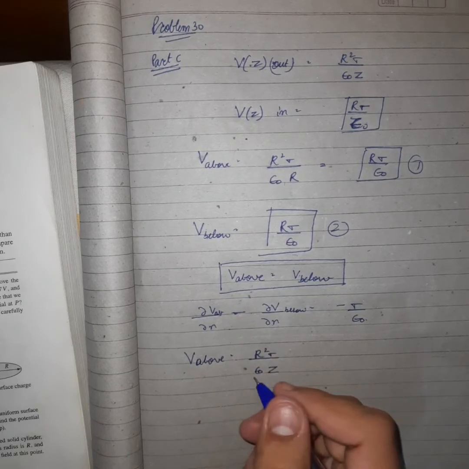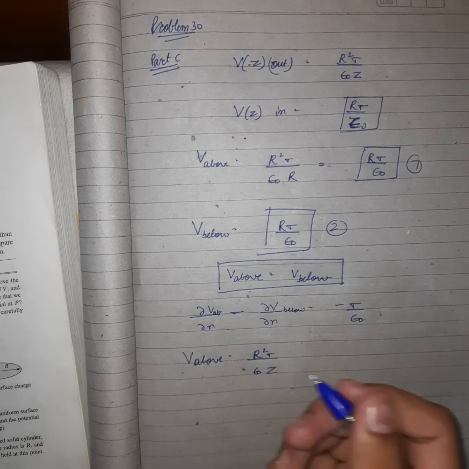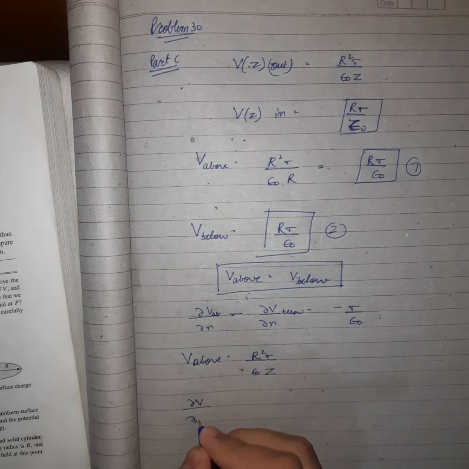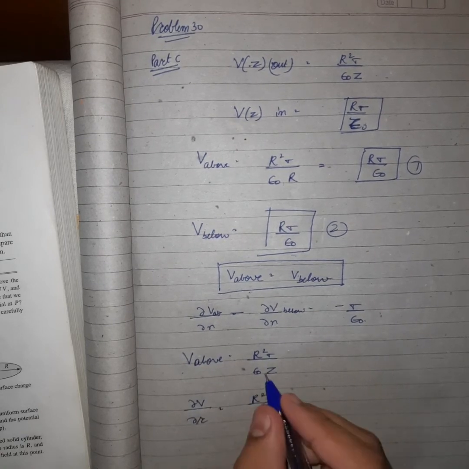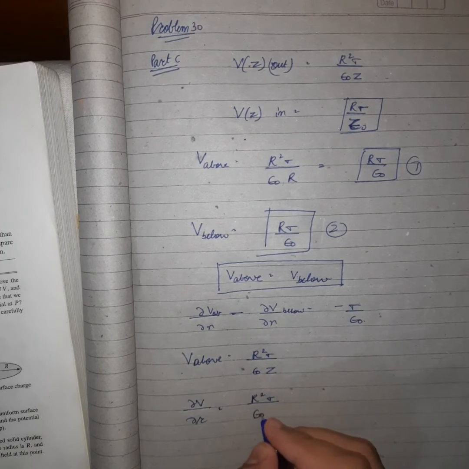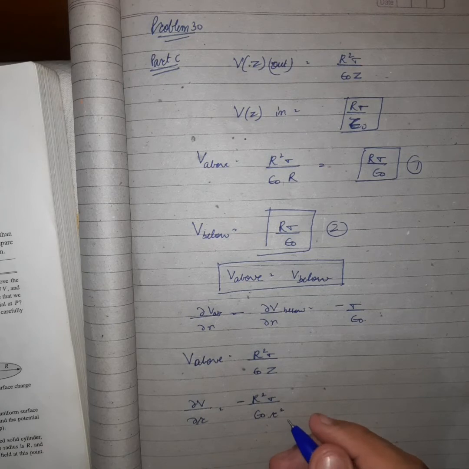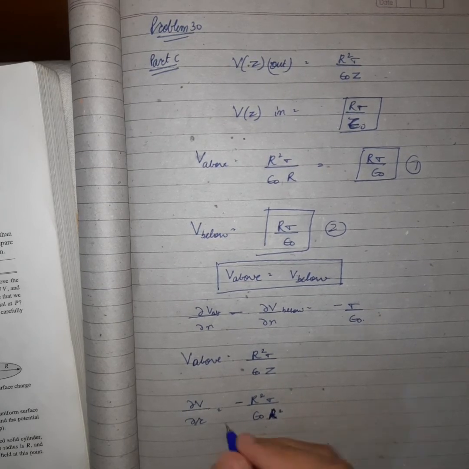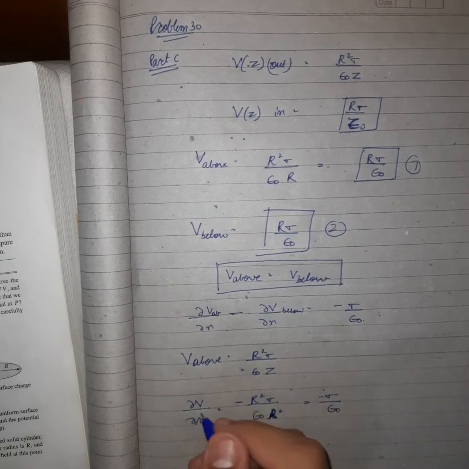If we take the derivative for just above, we get del V by del r as R squared, putting R instead of z, capital R because it is just above. We get minus sigma upon epsilon naught here for just above.